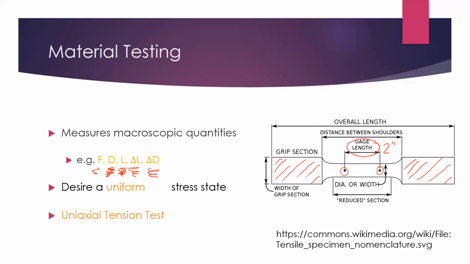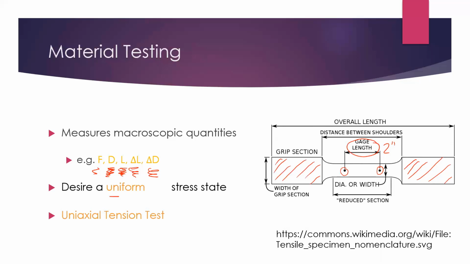And so in order for this to be useful to us, we want a uniform stress state. Because if we're only dealing with average values, but what really matters are exact values, if we have a uniform stress state, then those are one and the same. And so that is the intention of designing the specimen the way it's designed.